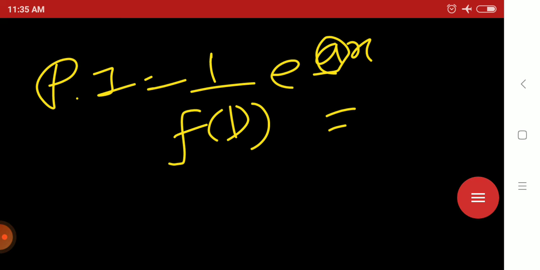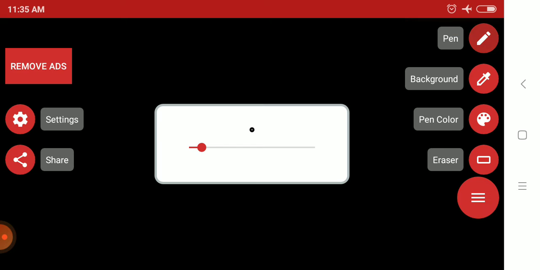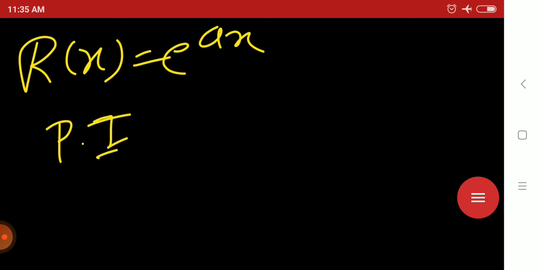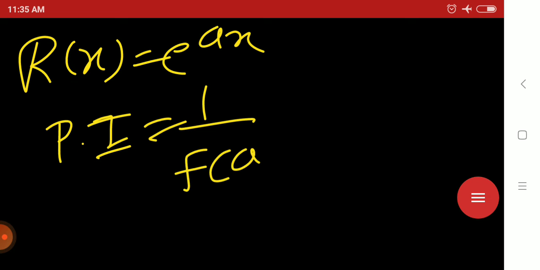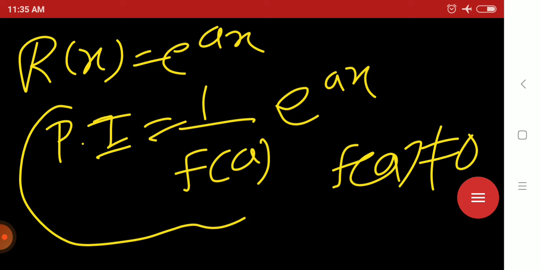Here a is given, so you can substitute D equals a, and the particular integral is 1 upon f of a, e to the power ax, where f of a not equals 0. So this is the first case.